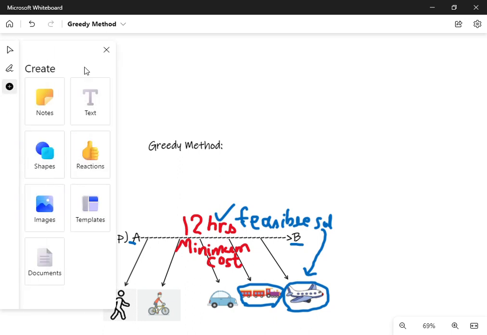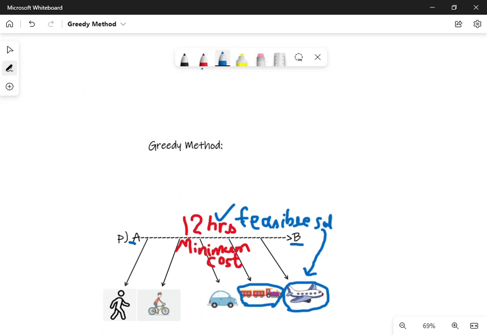Here our second condition is that he should travel at minimum cost. So how can he travel from point A to point B at minimum cost in 12 hours? Maybe the possibility is by train, because a train is less costly than a plane. So train is our option. Let me make it clear.